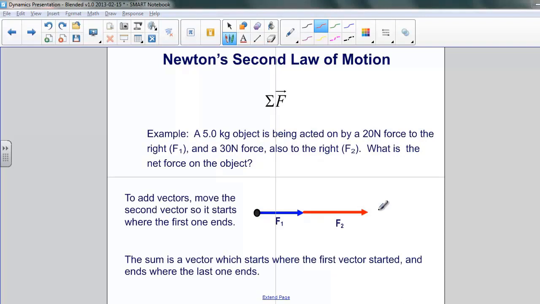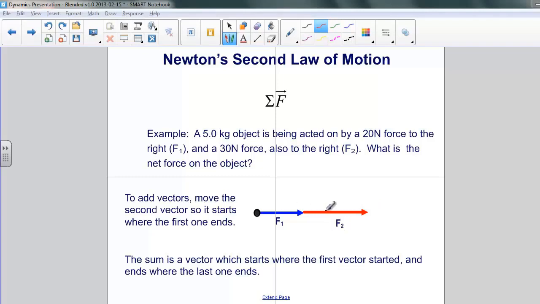Now, we have the two vectors, F1 and F2. They're both pointing in the same direction. But to add them, you may recall that the straightforward way is to line them up so that one begins where the other leaves off. That's what we call head to tail.